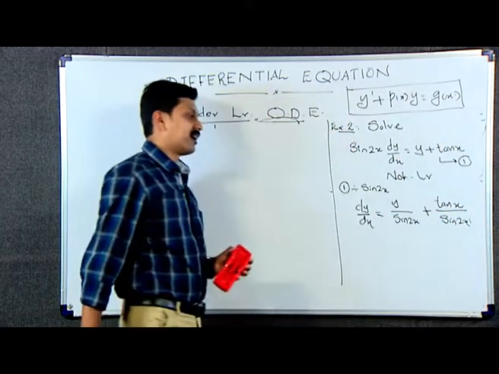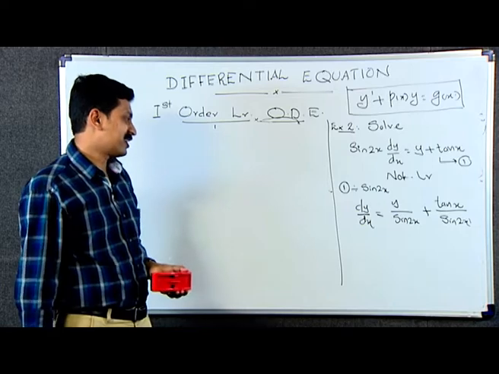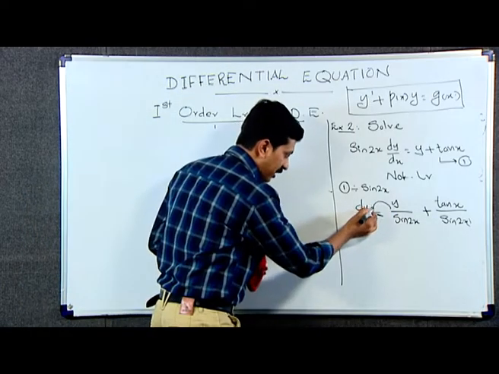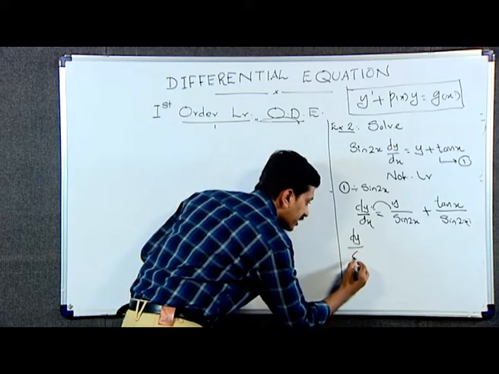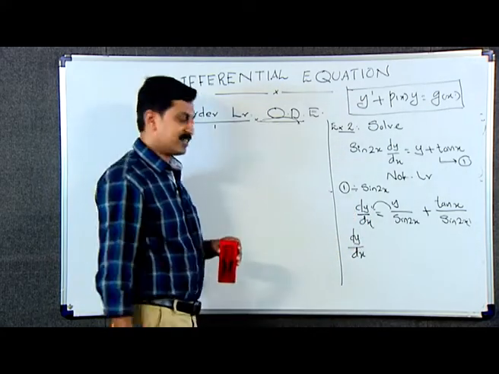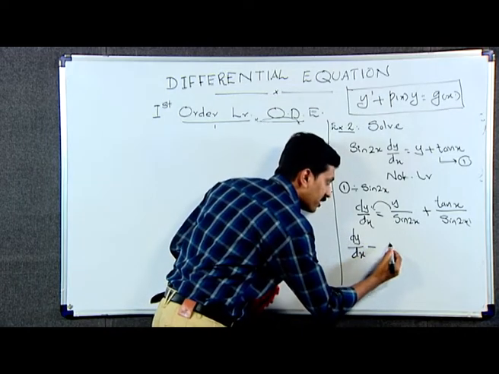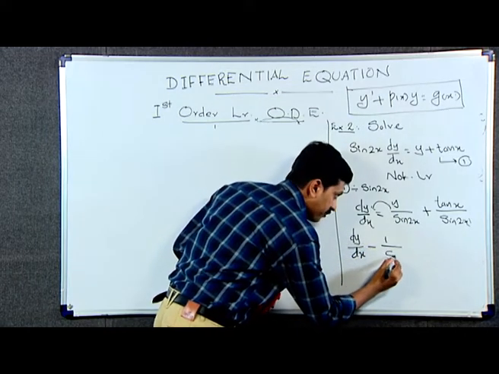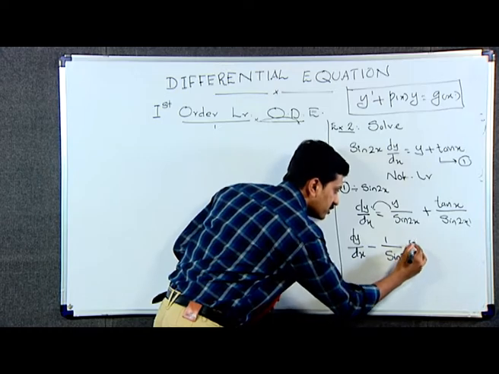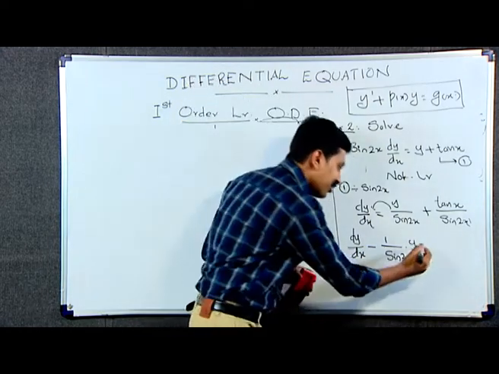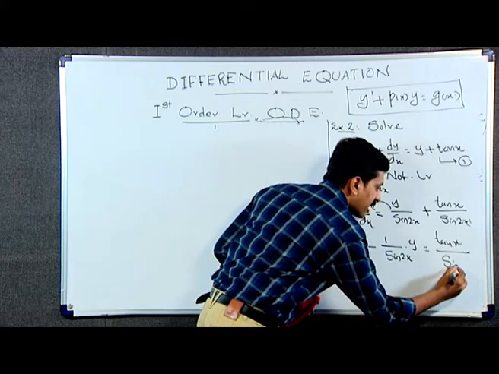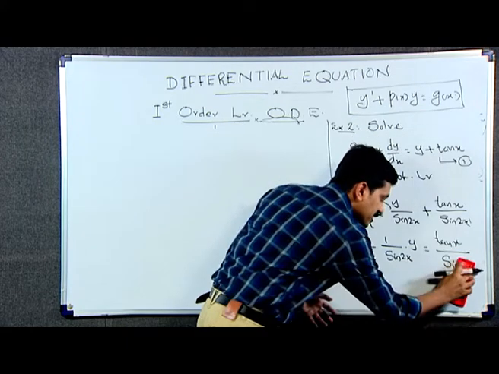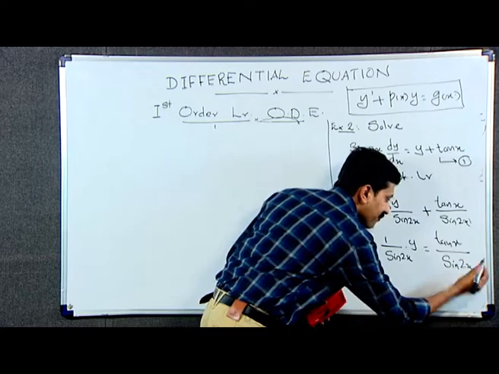I am taking this part to be here. So, we can write this as dy by dx, while taking that to be here, minus 1 by sin 2x into y is equal to tan x divided by sin 2x.